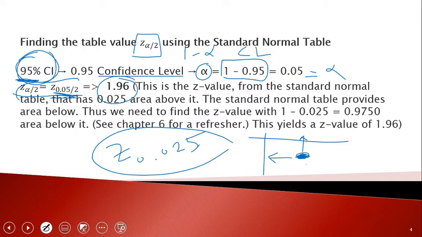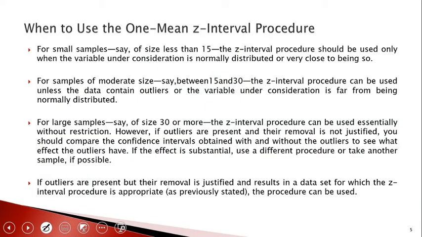I assume you know how to find z values from chapter 6. If you don't remember, please go to chapter 6 and make sure you know how to find the z values. Okay, now step 1 is done, so you can calculate those values.